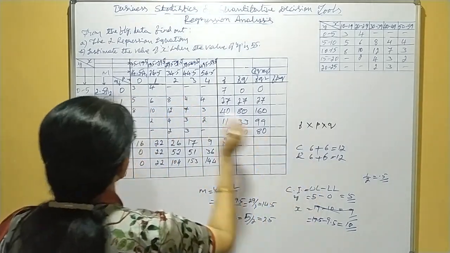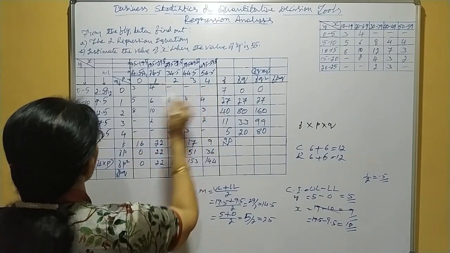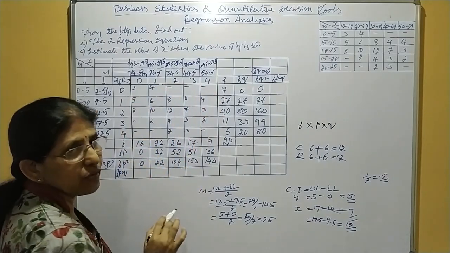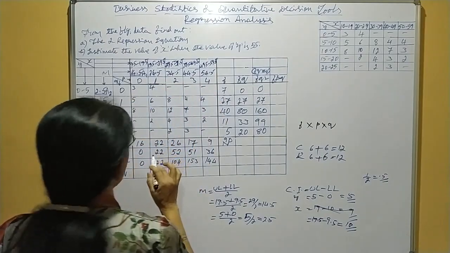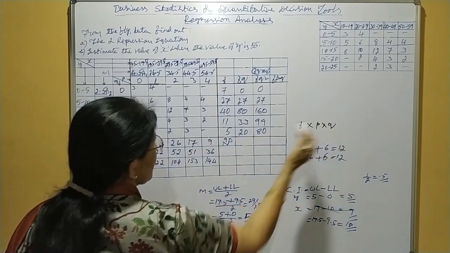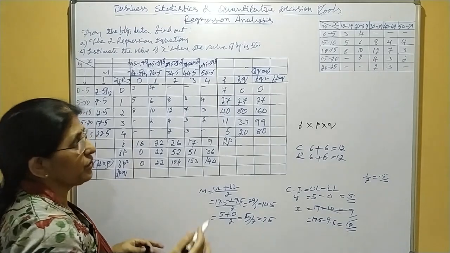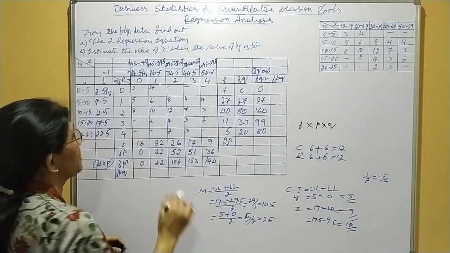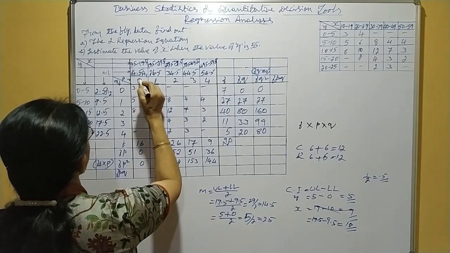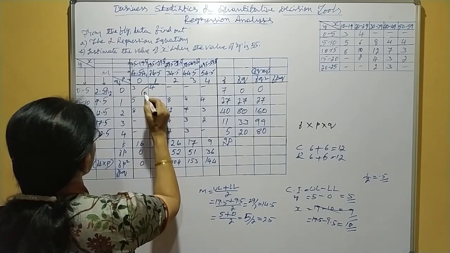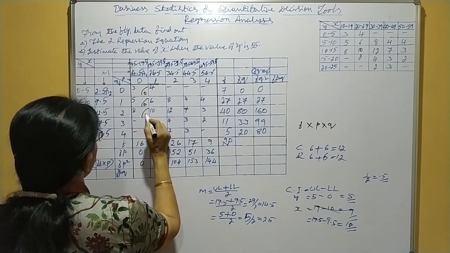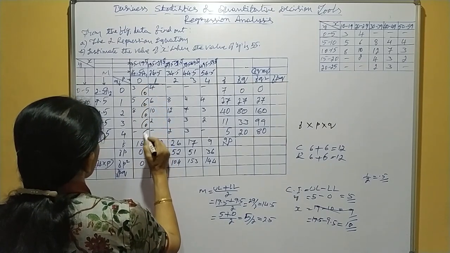They are frequencies and these are P values and these are Q values. Okay, just you multiply. Among these three, if in any one place it is 0, then the product is 0. That is known to you. Here P is 0. Therefore, this whole column just blindly you may put 0.